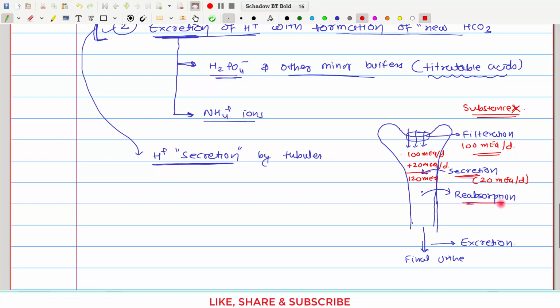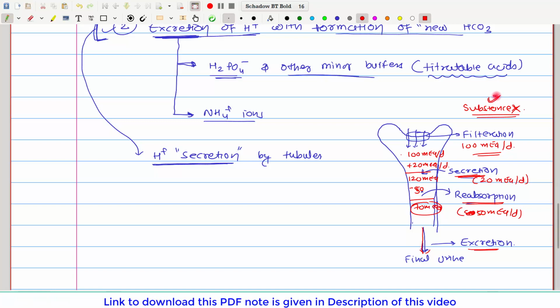Now let's say it is reabsorbed also, approximately 50 milliequivalent per day. So 120 minus 50 will be 70 milliequivalent. So now this 70 milliequivalent will be excreted. So here you must differentiate between secretion and excretion. So I can say that for substance X, 100 milliequivalent per day is filtered, 20 milliequivalent secreted, 50 milliequivalent reabsorbed, and so 70 milliequivalent excreted, right?